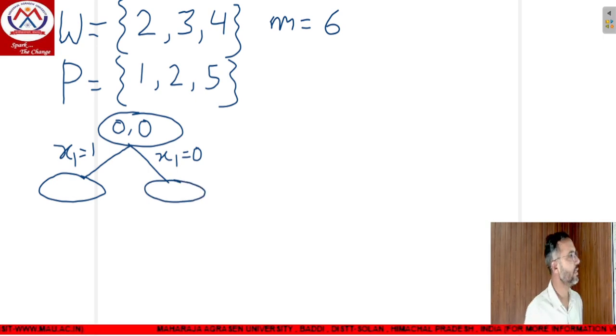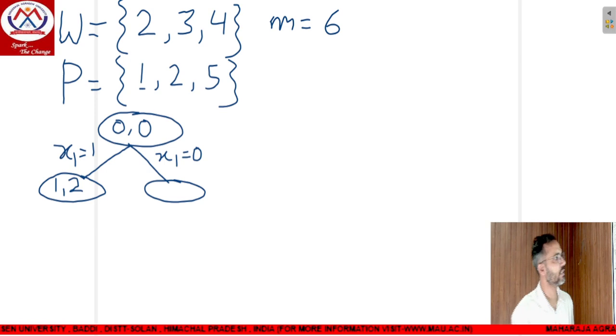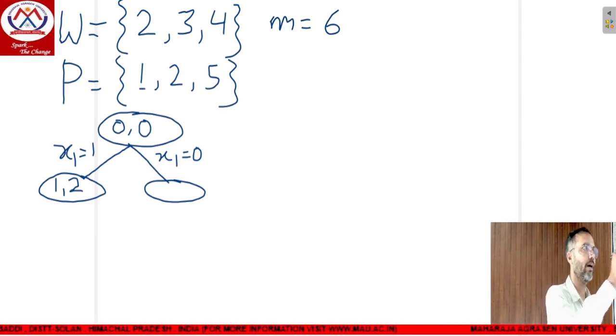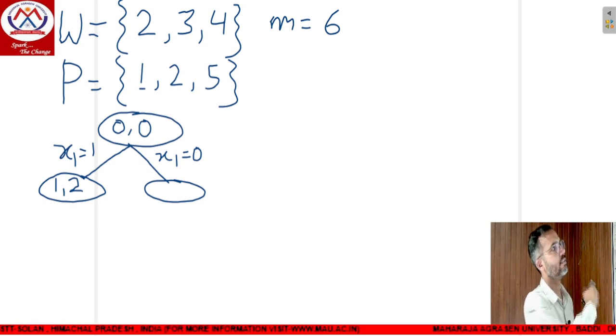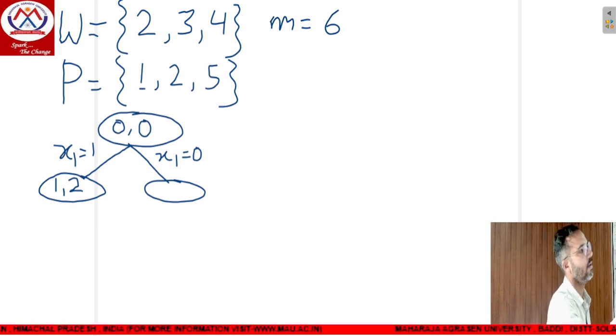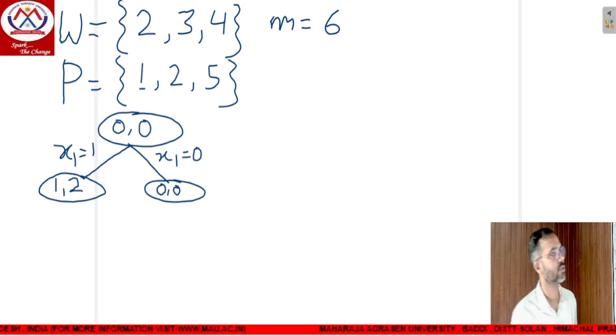Selection of the first weight gives the profit 1, and the weight of the first item is 2. Now if we have not selected it, x1 equal to 0, as in the previous case it is 0, 0.